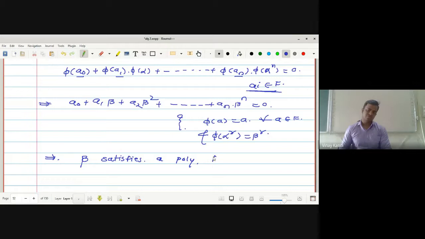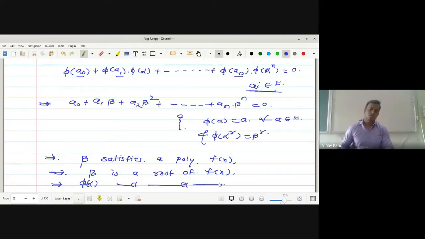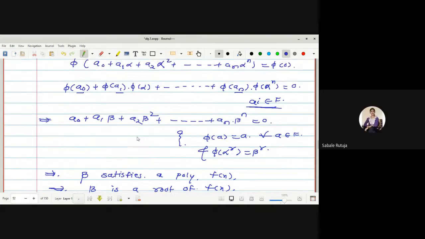Which one? F of x. So this implies beta is the root of f of x. This implies phi of alpha is a root of f of x. Okay, any doubt?